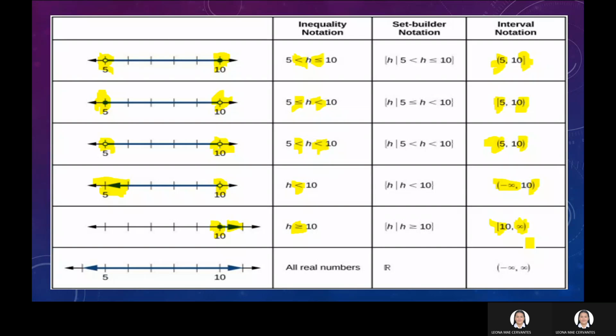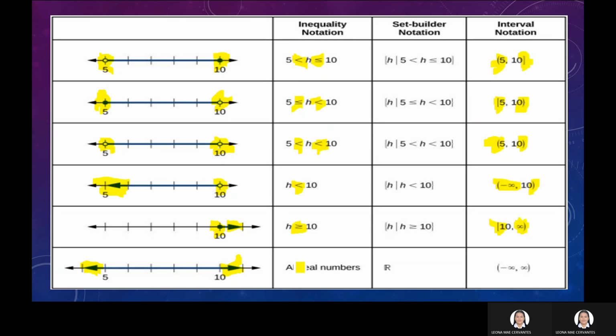Okay, so for our next example, we have a continuous arrow going to the left, or negative side, and going to the right, or positive side.